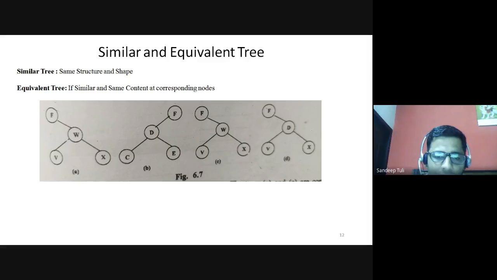They do not have the same shape or the same structure. They are mirror images of each other, but in structure only, not in content.